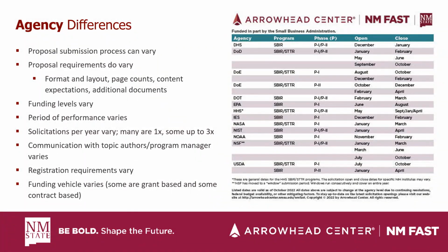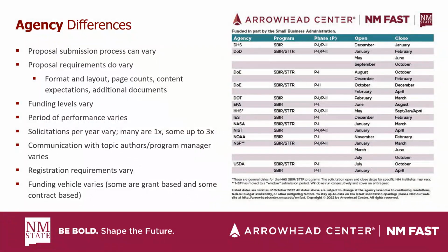The funding levels vary. We have a slide that shows this, along with a slide that shows the period of performance. Those all vary based on the agency as well. The solicitations also vary. So we have some agencies who only do one solicitation per year, and then we have some who do up to 3 per year, and then some who just have open periods. So again, it's really important to know your agency and know when those solicitations are opening and closing.